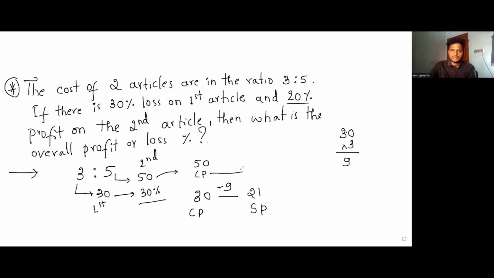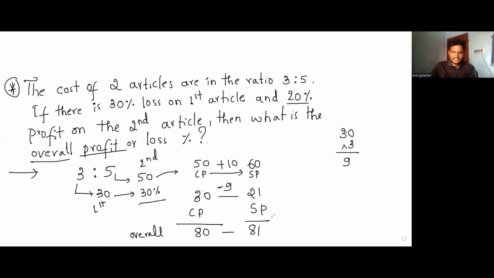What is 20% of 50? 10. So your SP will become how much? 60. Getting this? Then they are asking you overall profit or loss. How will you find overall profit? We'll find overall CP and we'll find overall SP. What is overall CP? 50 plus 30 is 80. And what is overall SP? 81. Getting this? Overall CP is 80 and overall SP is 81.